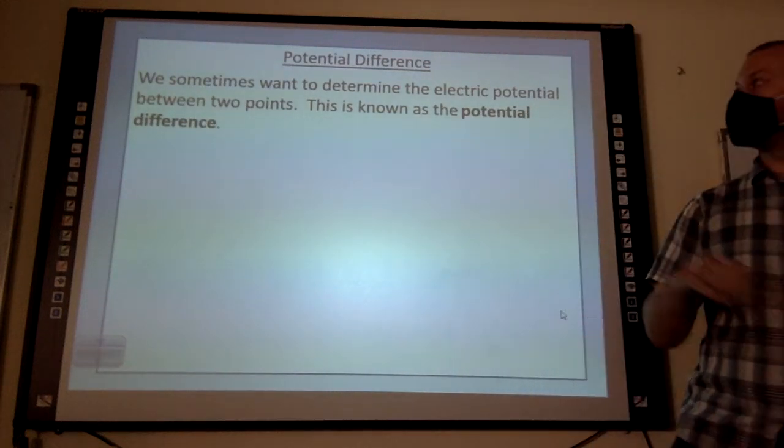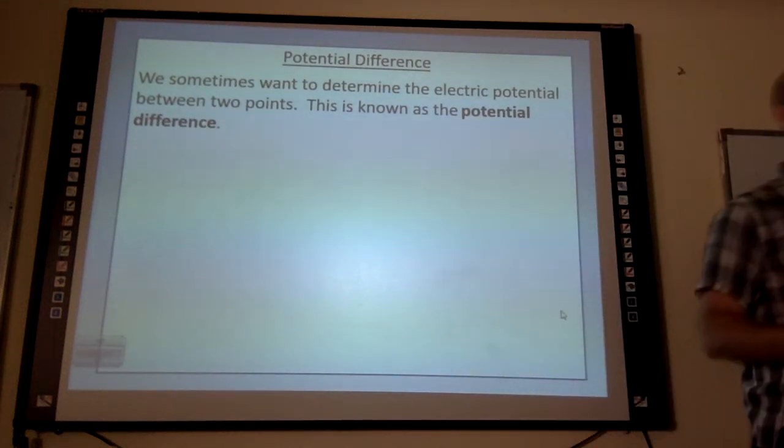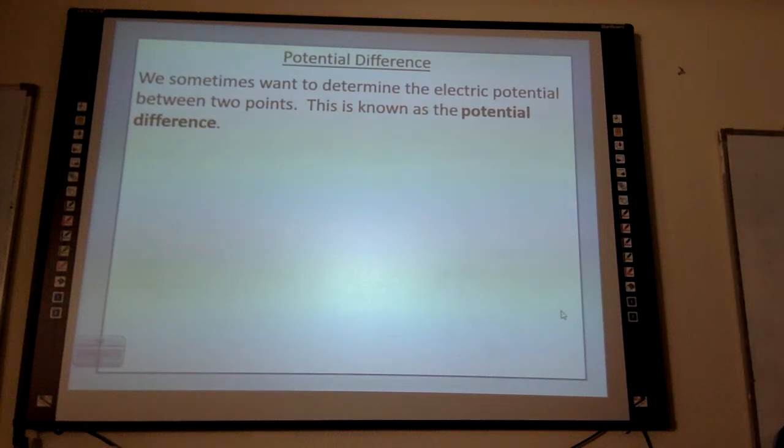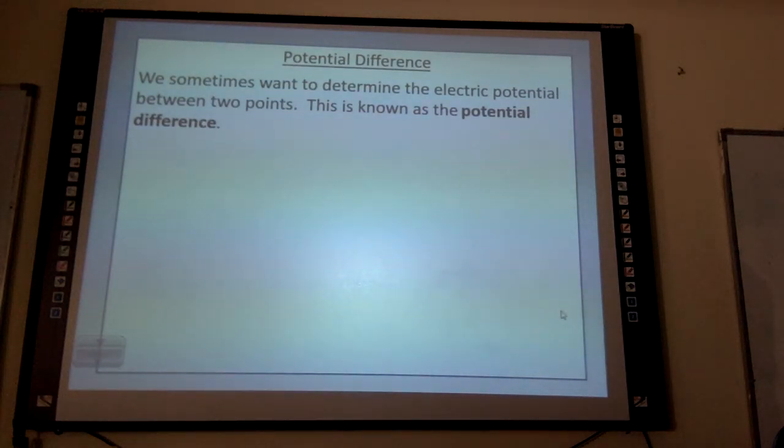So you can just skip all the way down until you get to potential difference, because this part's going to be really short. It basically just tells you where lines are. The AC in the back is working if you want to go sit back there.